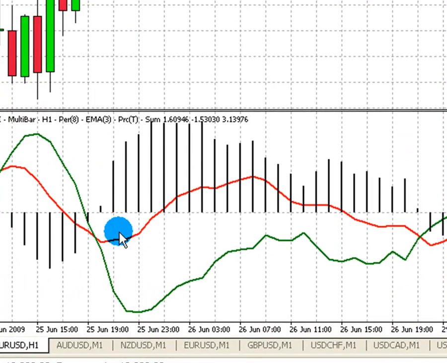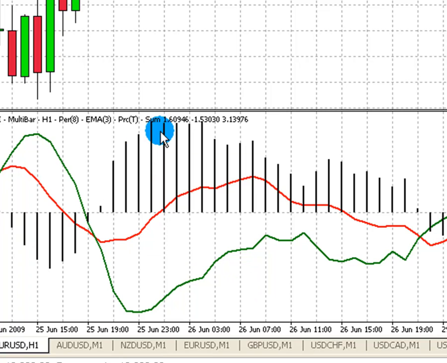graph here. The red line is the strength of the euro. The green line is the strength of the dollar. The red line, in other words, is the strength of the front currency of a currency pair, in this case the euro, and the green line here is the strength of the back currency, in this case the dollar.